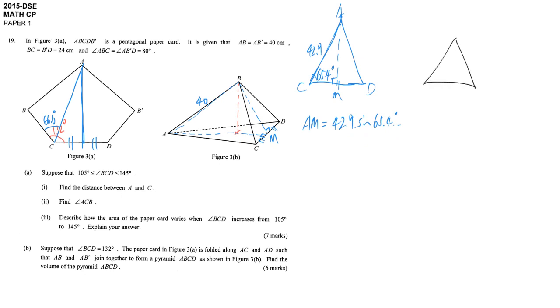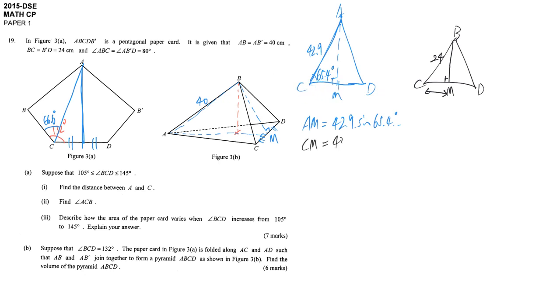Consider a shorter triangle. We have 24 here. But this time it's more difficult to find angle BCM. So instead, I try to find CM here. If I can find CM, then I can use Pythagoras' theorem. So go back to this triangle. Our target is CM now.